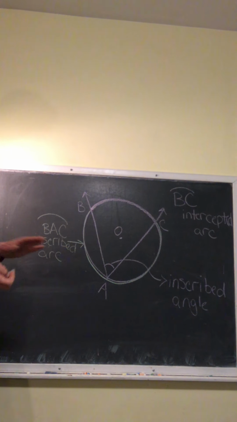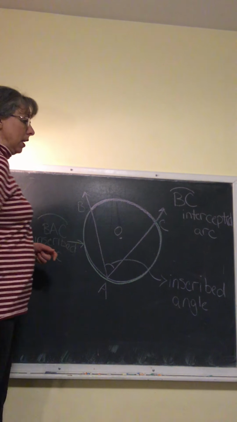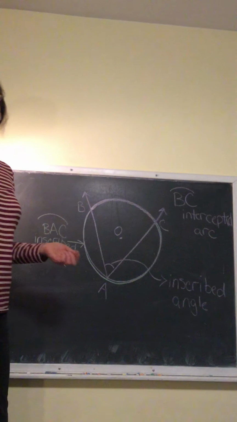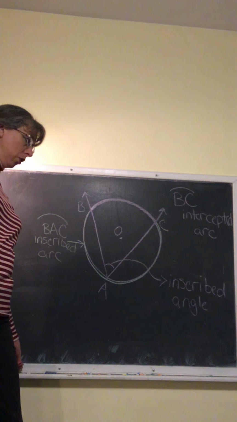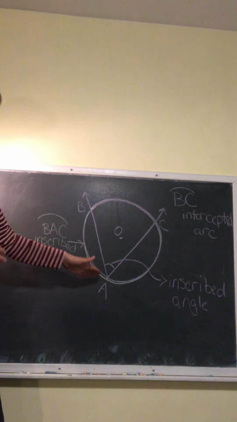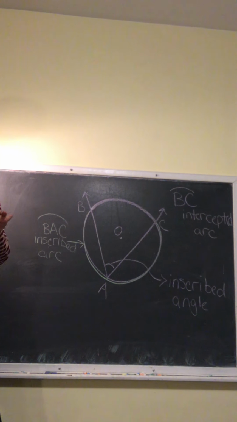And if you notice, the intercepted arc, arc BC, and the inscribed arc, arc BAC, when you add those together, you end up with the whole circle.